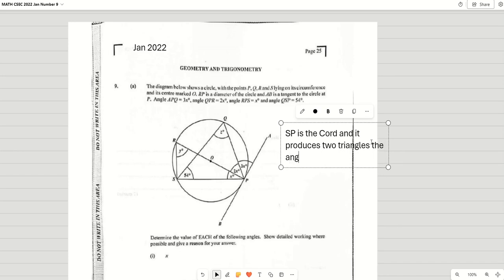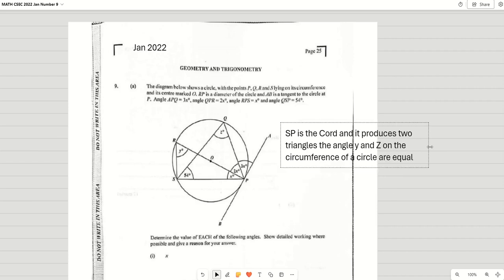The angles Y and Z on the circumference of a circle are equal. That is the first rule that you would encounter.